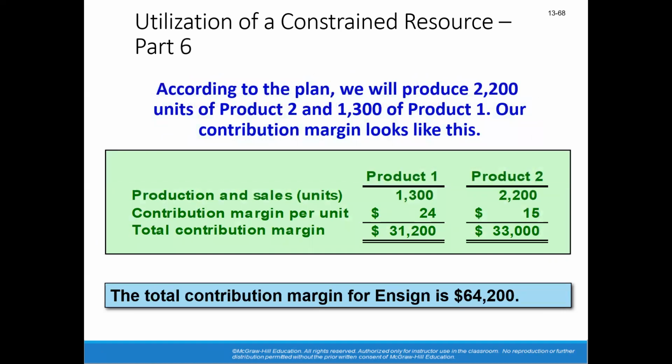According to the plan, we will produce 2,200 units of product 2 and 1,300 units of product 1. That's how our contribution margin will look based on that information. You add them together, and contribution margin is going to be 64.2.